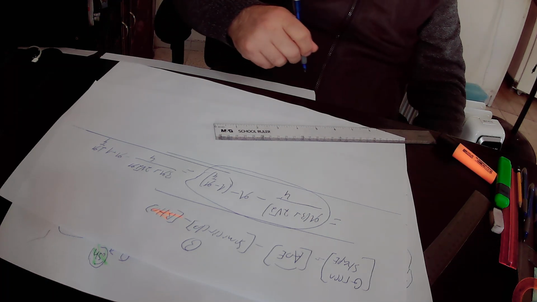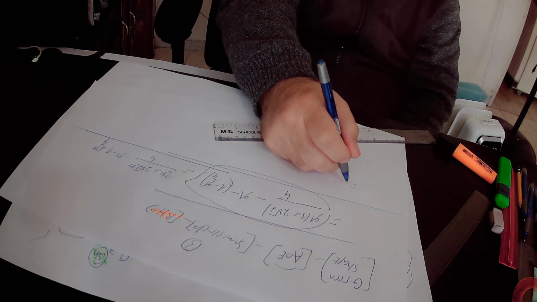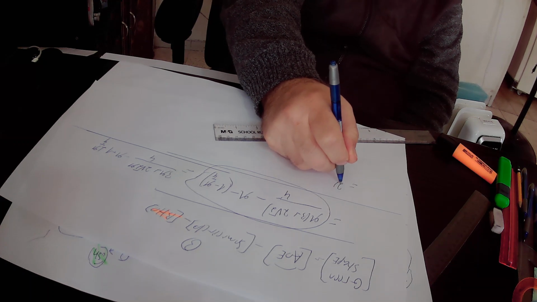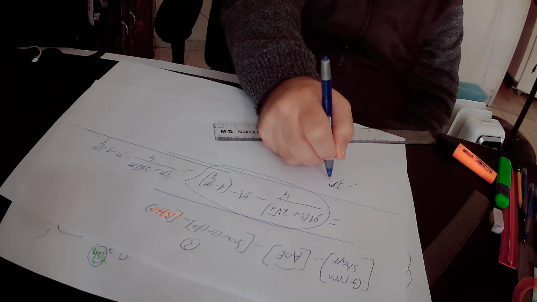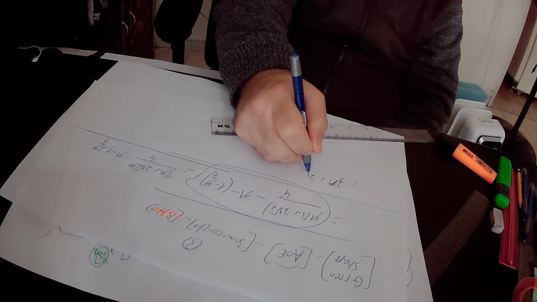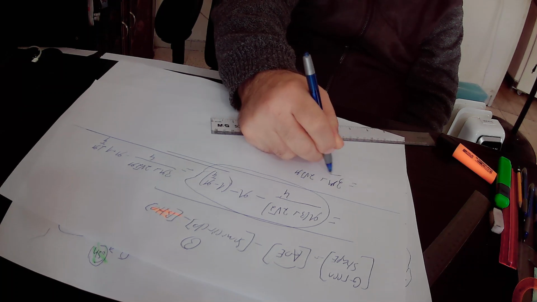So the area of the green shape in total will be equal to, we have 3 pi plus 2 times square root of 2 pi over 4.